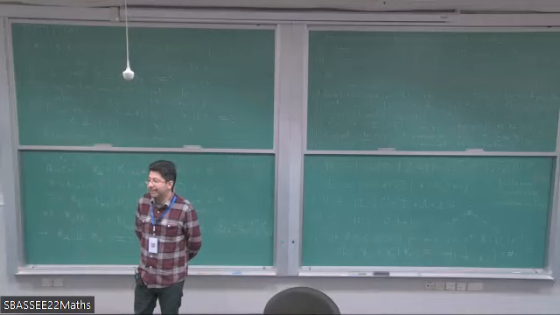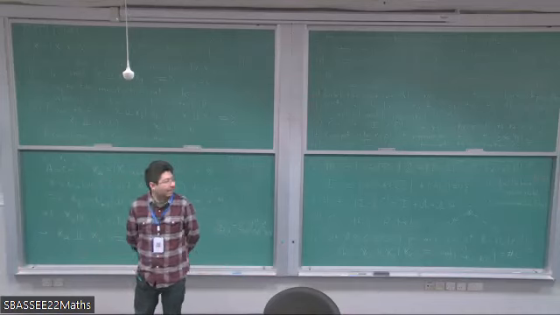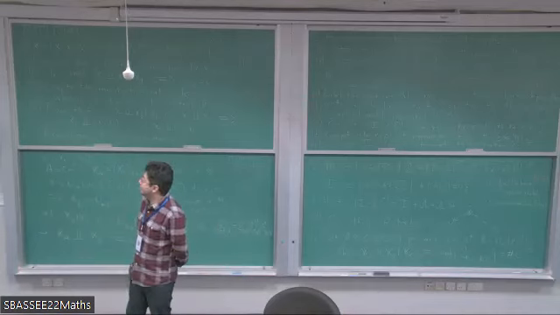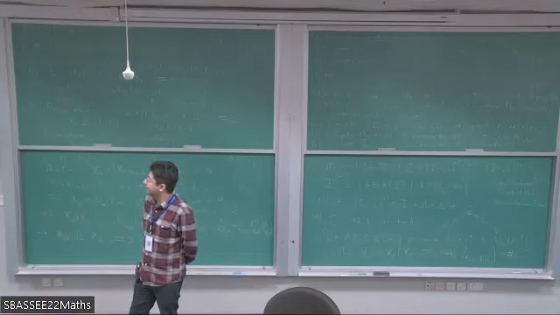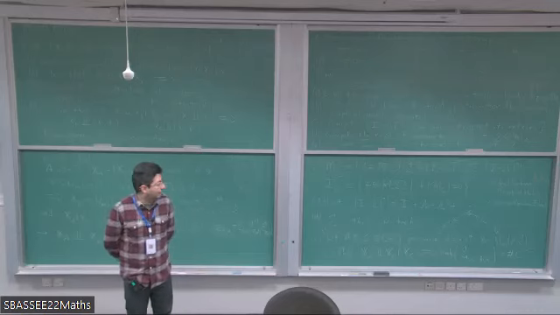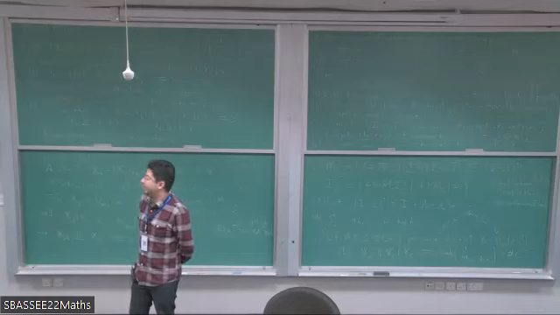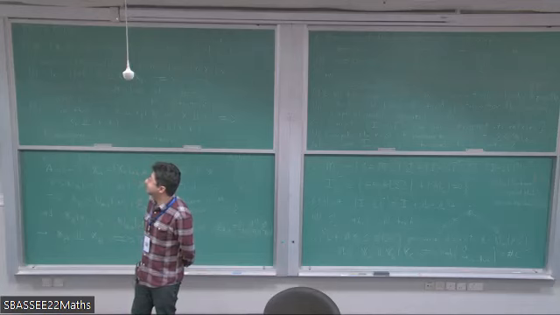The answer will really depend. Sometimes you can allow loops and still recover the parameters you want, identify them, and sometimes you can't. I'm going to talk about this in the next couple of lectures.